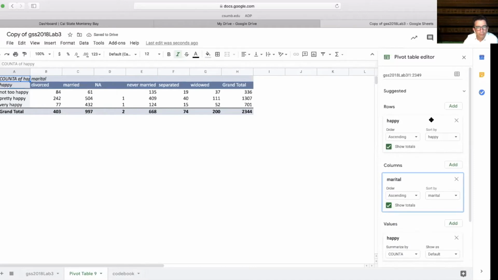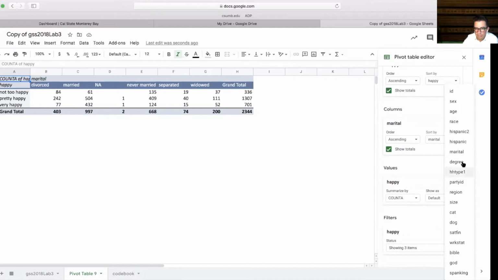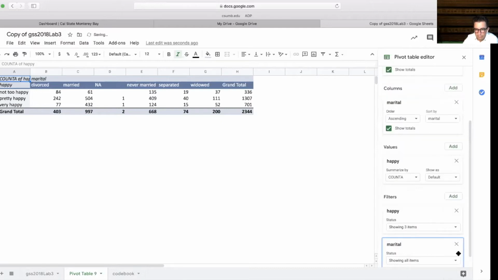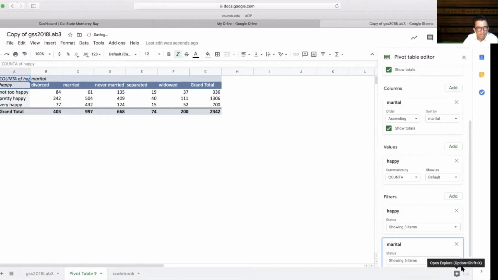And there you go. You have all these categories, right? Now this NA means that people were not asked that question. So I'm going to add a filter for the variable marital and get them out. So add a filter for the variable marital and uncheck those NA. Okay, boom, we have that.